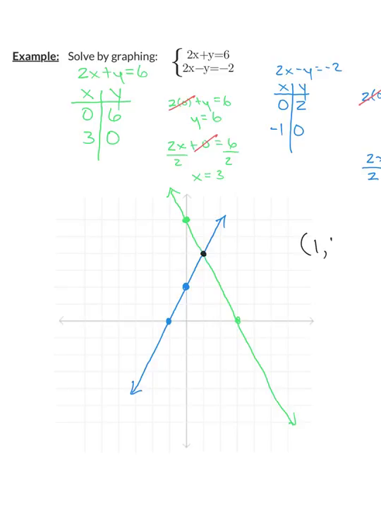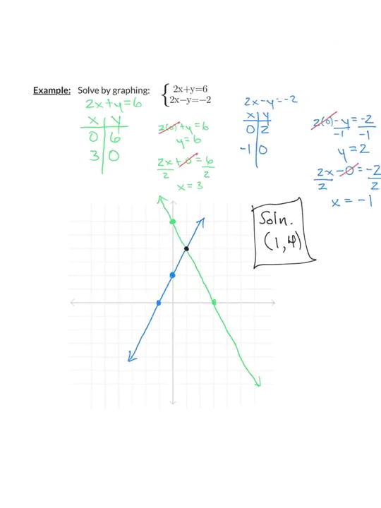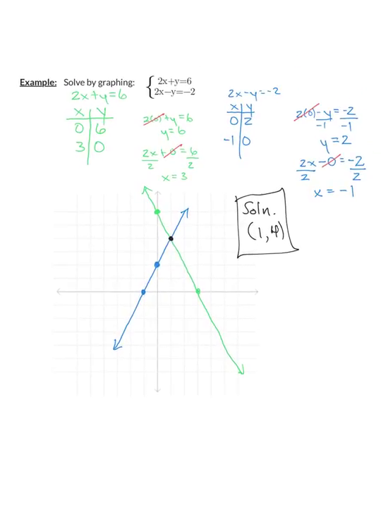And so my y-coordinate is 4. And my point of intersection is 1, 4. And that's what we're looking at when we are talking about solving a system of equations graphically.